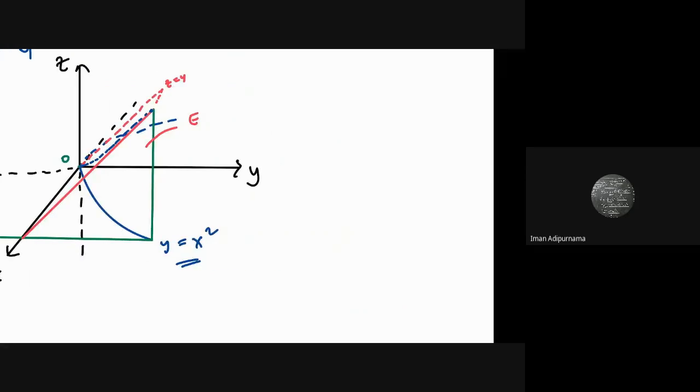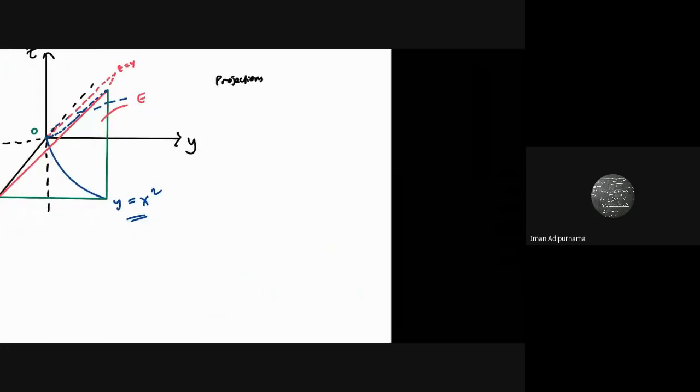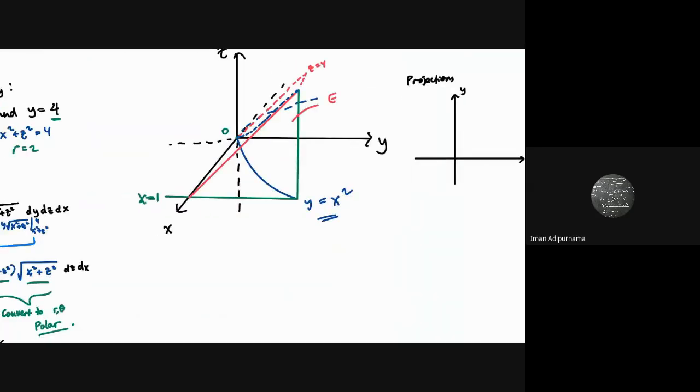Okay, if we want to have a projection to take a good look on how our solids will be in their respective projections, let's do that. So let's see from the xy plane. Okay, so from the xy plane, we only have x equal 1 and y equal x squared, right?